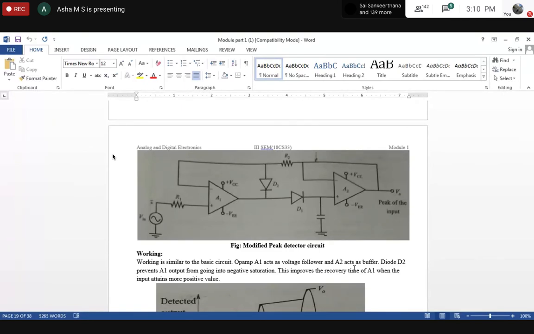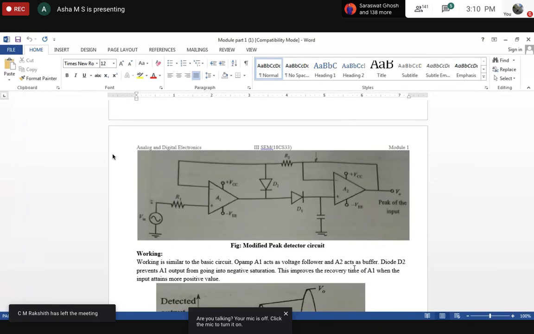Now the output V0 at any given time is equal to the voltage on the capacitor, which is nothing but the peak value. Because of this buffer circuit A2, the output will always be the peak voltage that it has detected so far, correct?